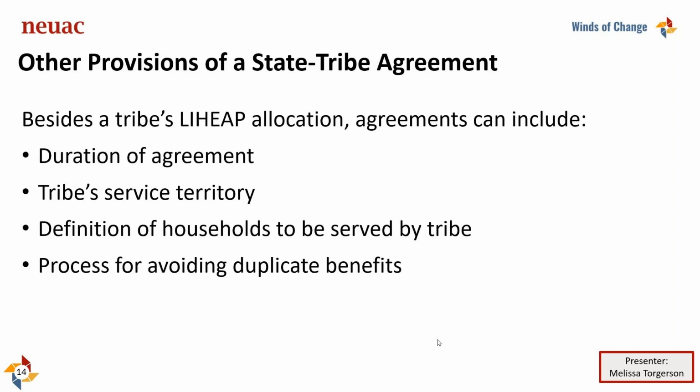Besides a tribe's LIHEAP allocation, agreements can and should include the duration of the agreement. So this is saying, look, this is only good for a year, at which point we'll renegotiate. There should be a contingency clause, though, things happen. If it's not renegotiated, the funding amount should be used until further notice.